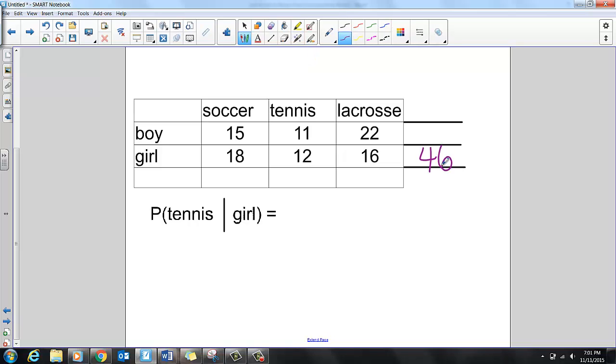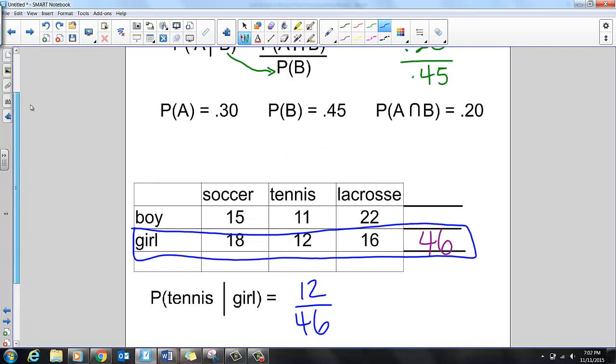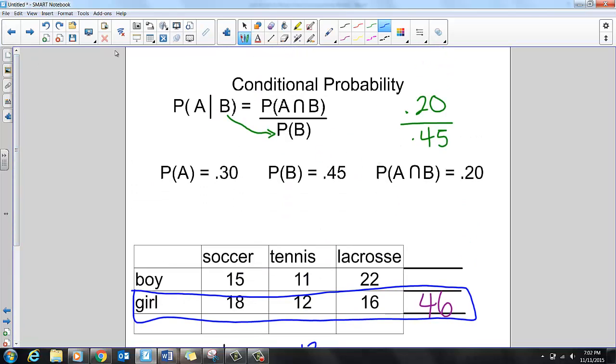And because I'm only focusing on the girls, I'm only worried about the girl column. So we can even box it off. And how many play tennis inside of the girls? Well, there's 12 out of the 46. So in a chart, it's a lot easier. When we don't have a chart, we've got an equation that we can plug it into.